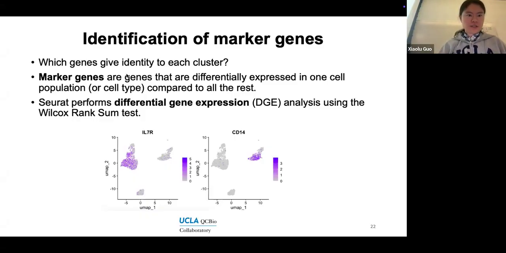How do we do that? This is basically answering the question: which genes give the identity to each cluster? How do we define marker genes? Marker genes are the genes that are differentially expressed in one cell population, one cluster, compared to all the rest. So they are specific to this cell type, and those are marker genes.